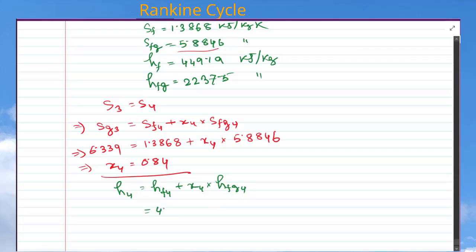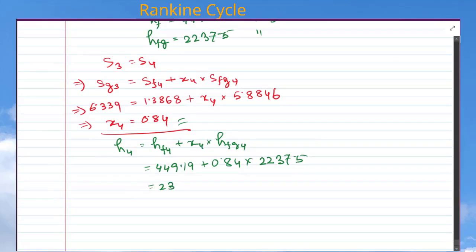That is 449.19 plus 0.84 multiplied by 2237.5, which is 2328.69 kilojoule per kg. So this is H4.